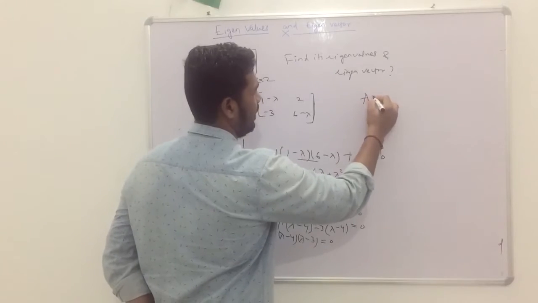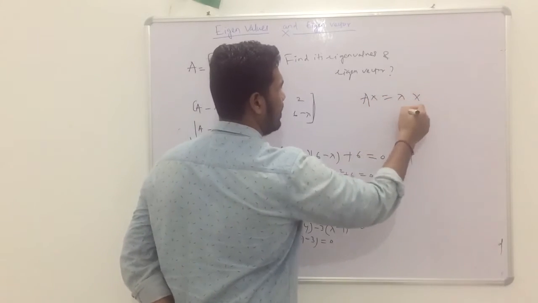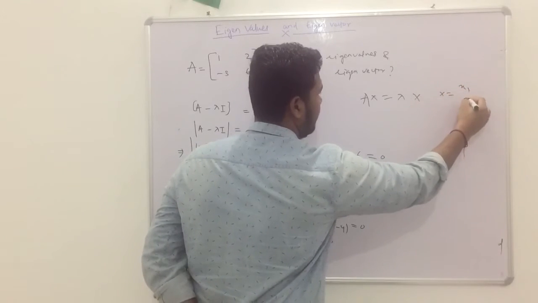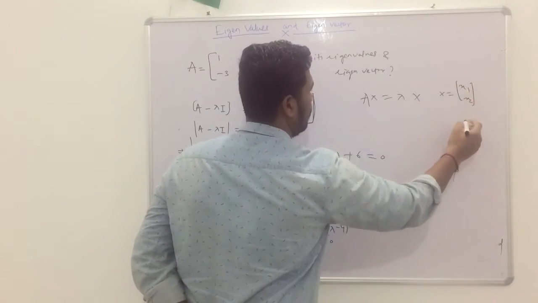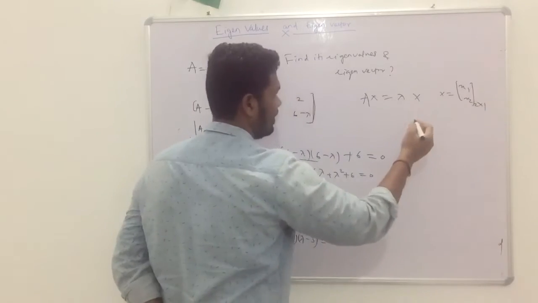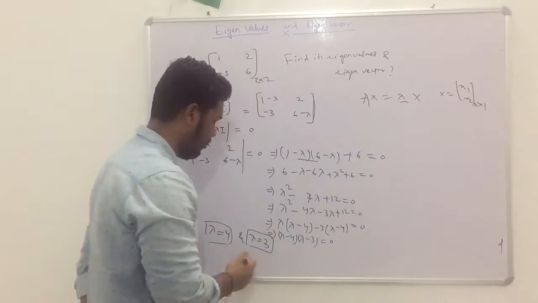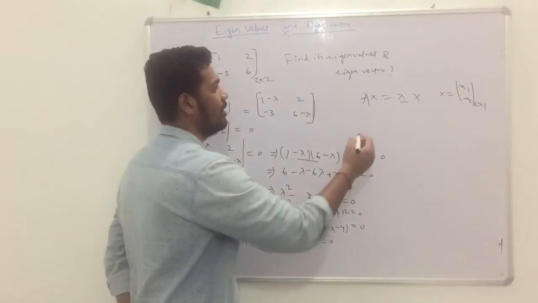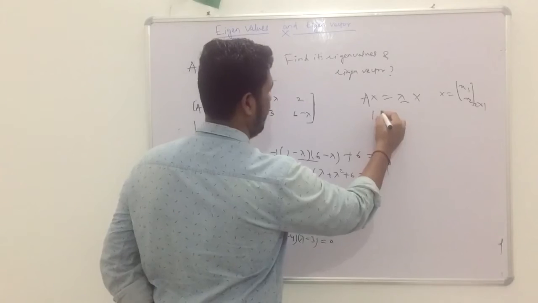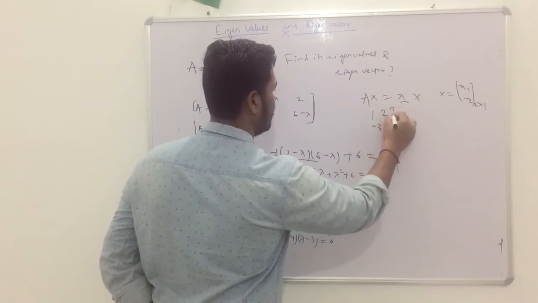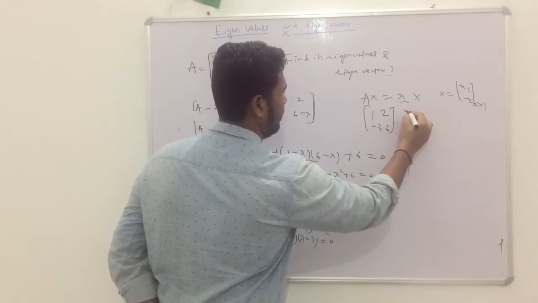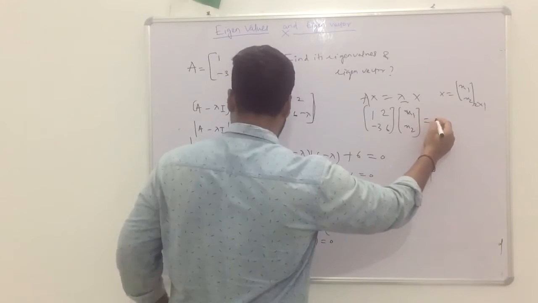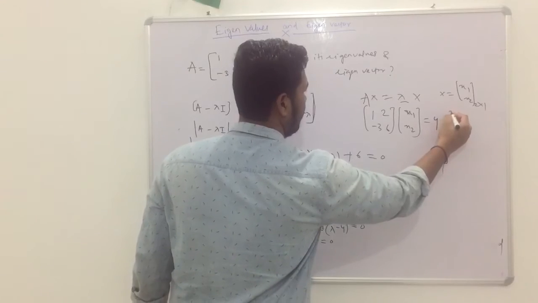As the equation is Ax equals lambda x, you just put x as an arbitrary column vector (x1, x2) of order 2 cross 1 obviously, and put the value of lambda to get the eigenvectors. So your A is [1 2; minus 3 6], your column vector, let's say, (x1, x2), and your lambda, first put lambda equals 4 times (x1, x2).